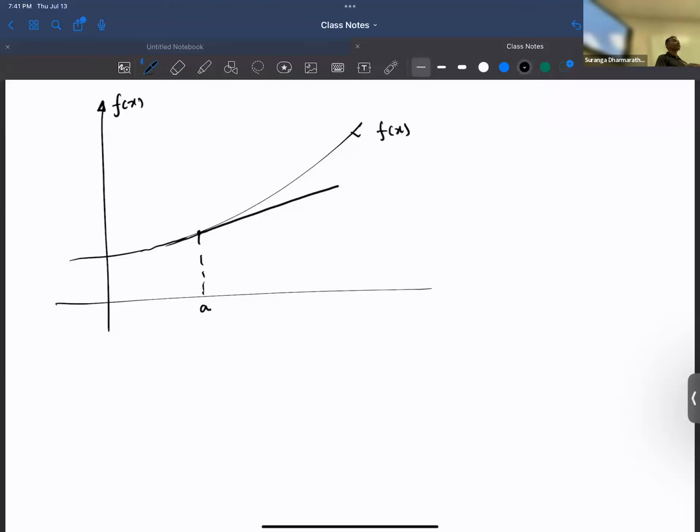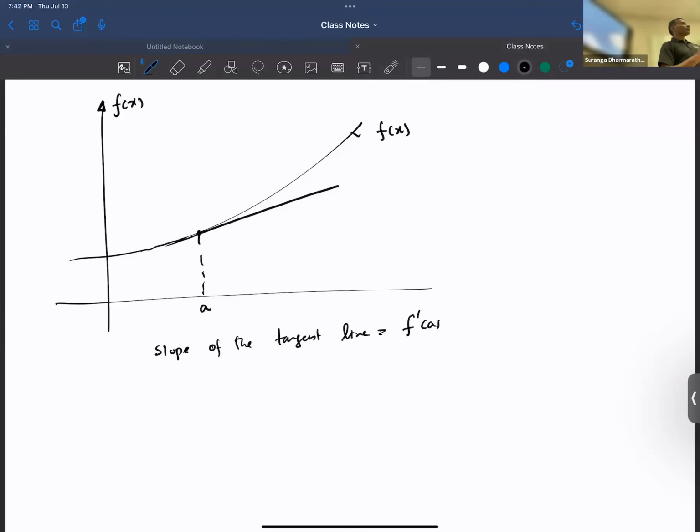So what is the derivative of that function at that point? F prime a. So the slope of the tangent line is f prime a.